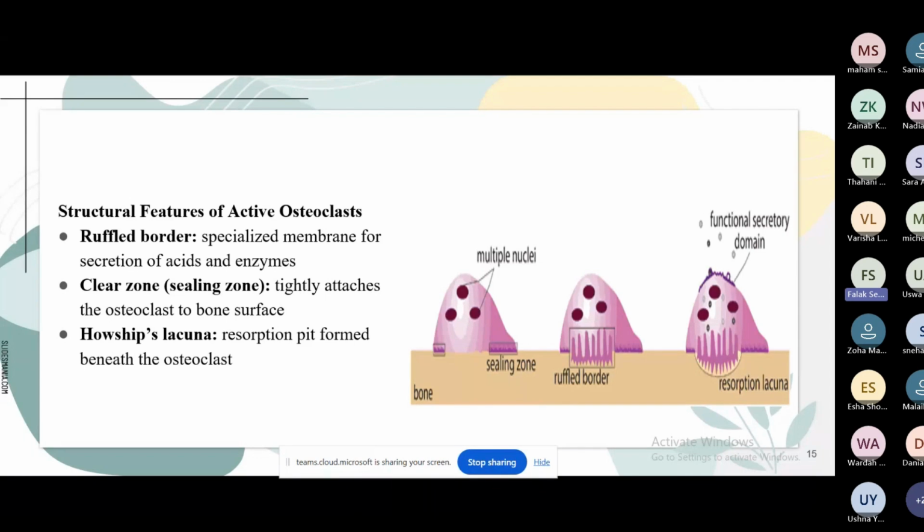So this ruffled border invaginates into the bone surface, and here is the site of release of acid and enzyme. Okay, when the ruffled border encloses that bone surface, it forms a sealing zone. The ruffled border surrounds the whole area, and then the enzymes and the acids are released, and then the process of bone resorption starts.